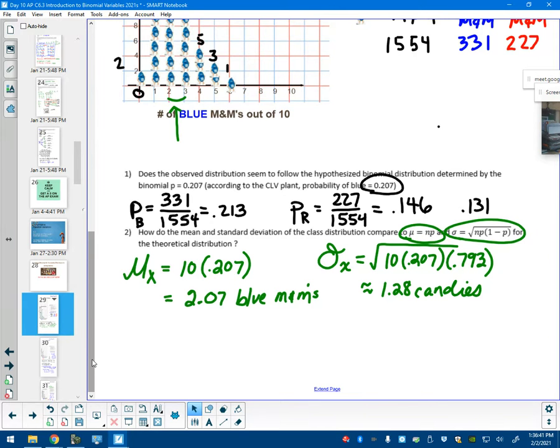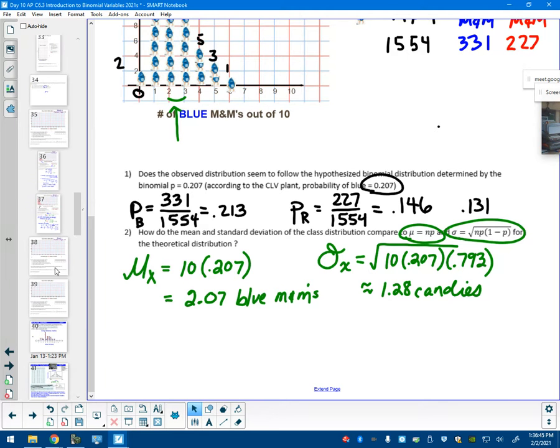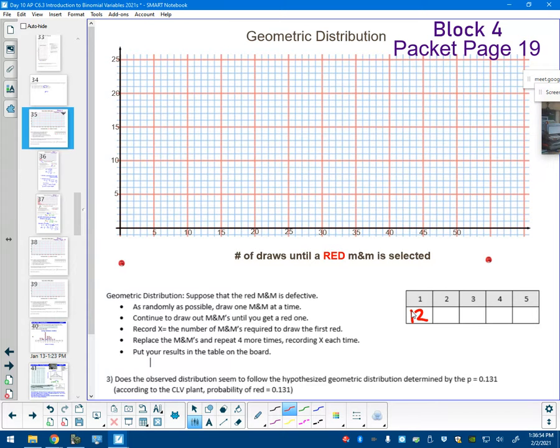All right, got my first one in. Oh, we're doing it again. And then you have to put them all back in and shake it up.